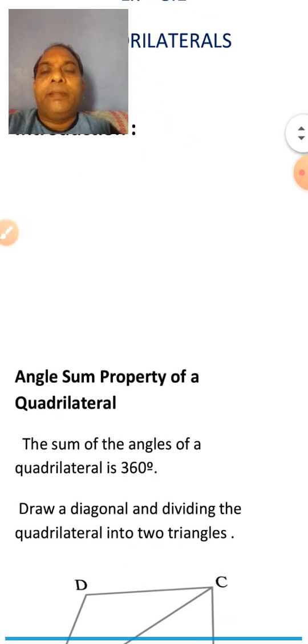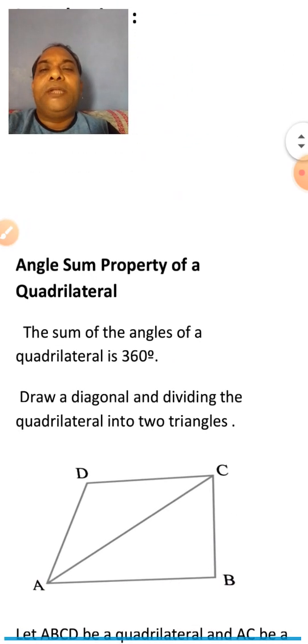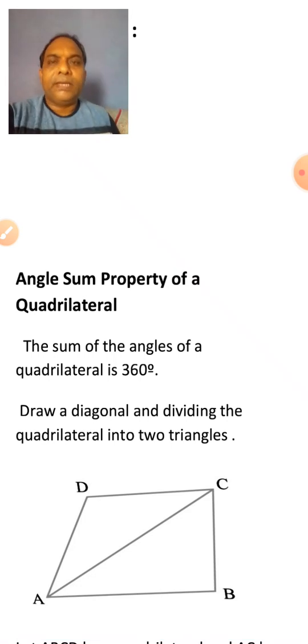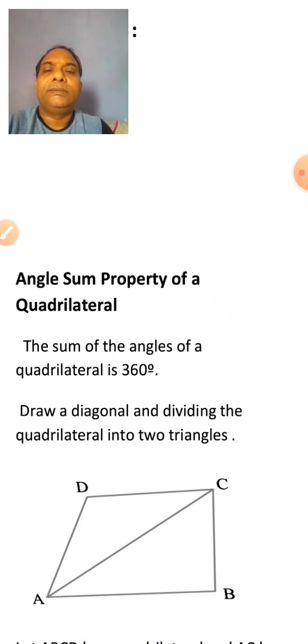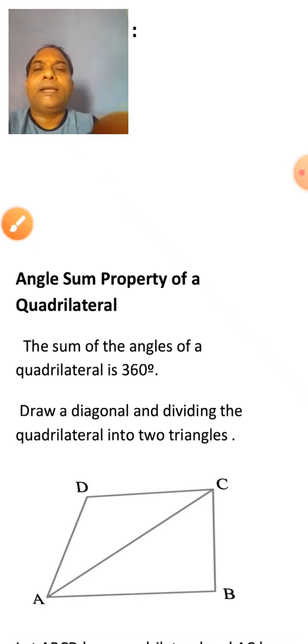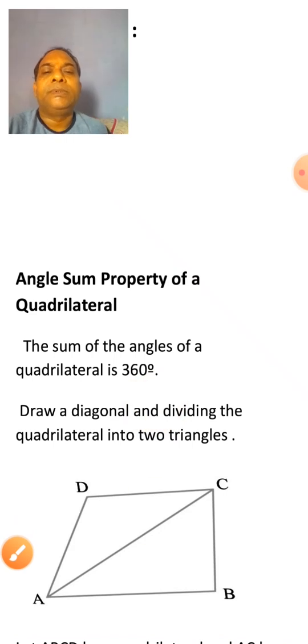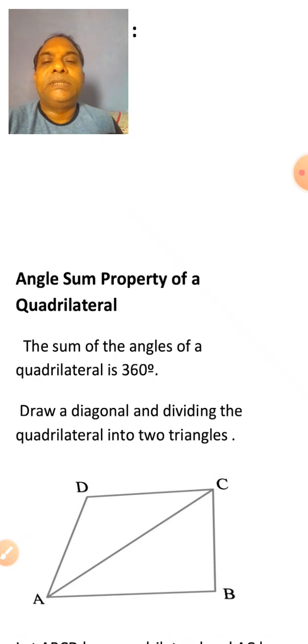Now, angle sum property of a quadrilateral. According to this property, the sum of the angles of a quadrilateral is 360 degree.